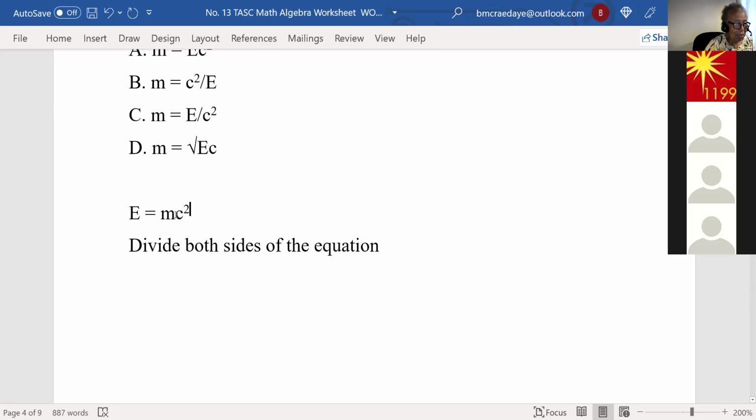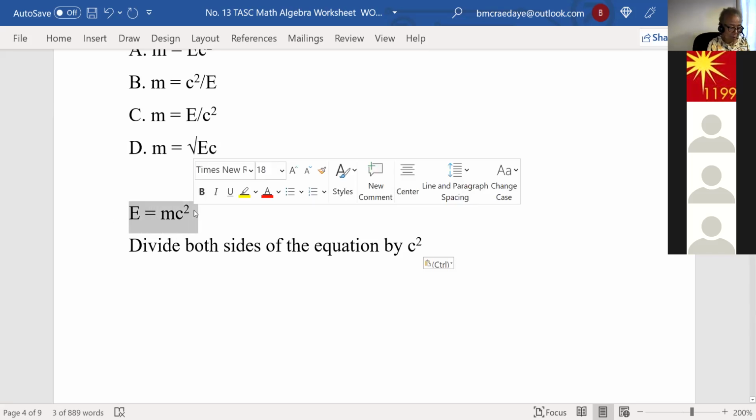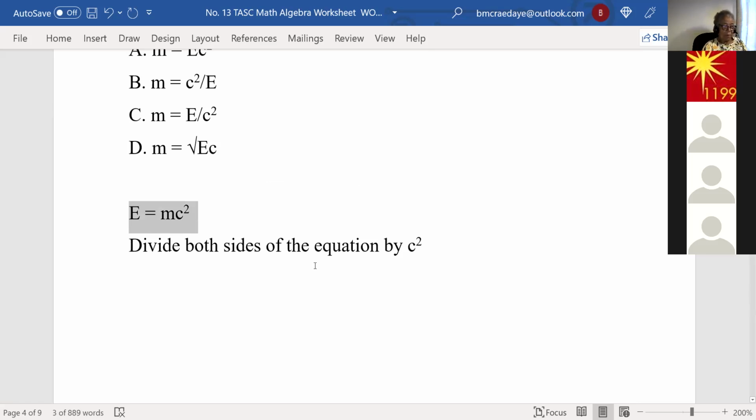So let's just put it. Divide both sides of the equation by c to the second. Just copy this over and divide both sides by c to the second.